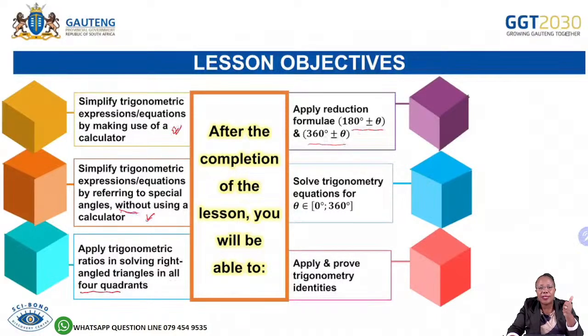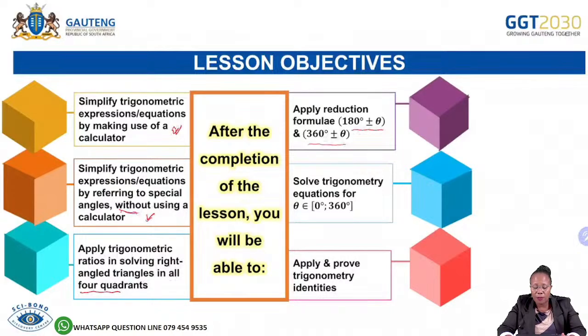We don't do 90 plus minus, we do not do 270 plus minus. We only rely on two reductions, which is 180 plus minus and 360 plus minus. That means we are referring to the x-axis line of your Cartesian plane only for reduction.